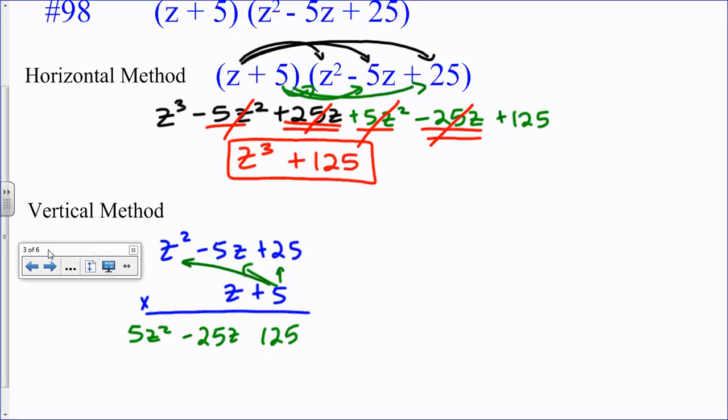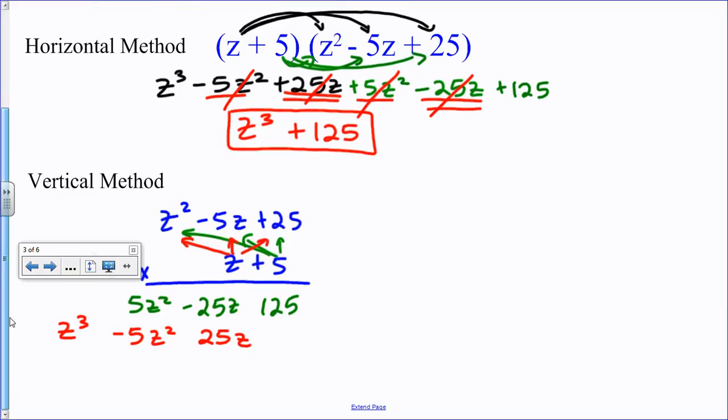Right? Then when it's time to do the z, remember when you were starting here, z times 25, you start a column over. So that's 25z. And just think about it as lining up your like terms. And then z times negative 5 is negative 5z squared. And z times z squared is z cubed. And then what do I do?